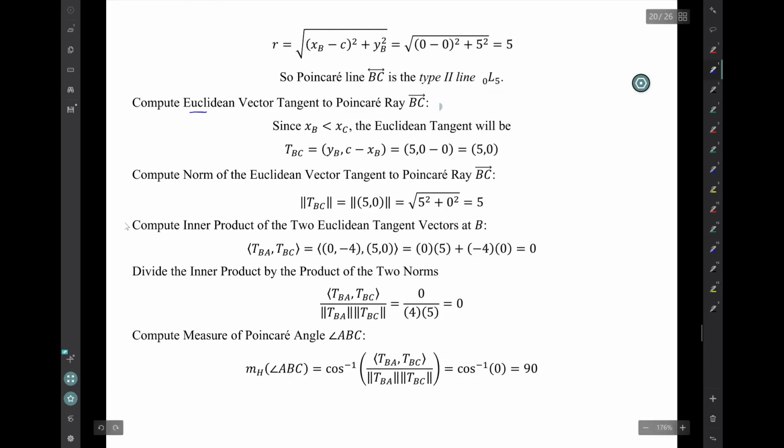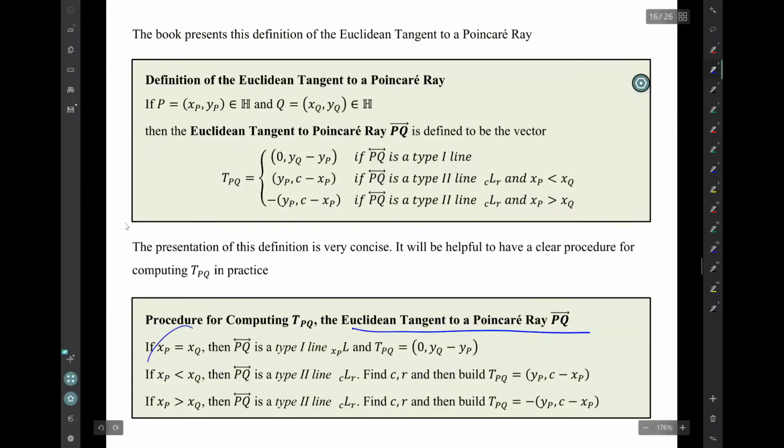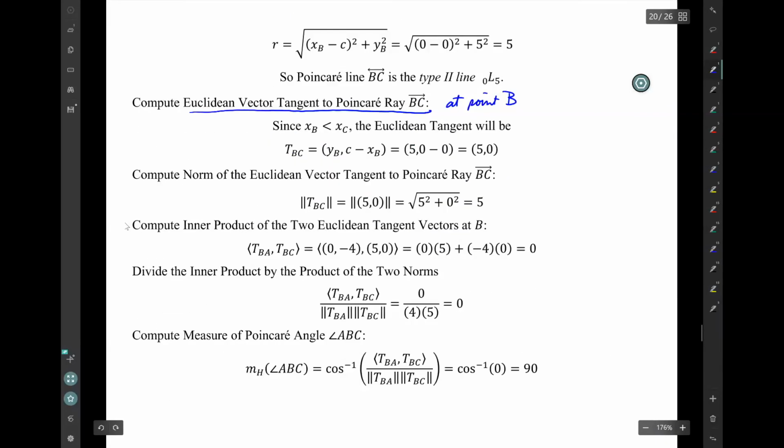Now I need to compute the Euclidean vector tangent to Poincaré ray BC at point B. Again, I follow my procedure from a few pages back. I scrutinize the x-coordinates, and depending on what I find, I do one of these three. In this case, since xb is less than xc, the Euclidean tangent is obtained using this formula from that procedure. When I build this expression, I use the value of c, the number 0, and I end up with the ordered pair 5, 0.